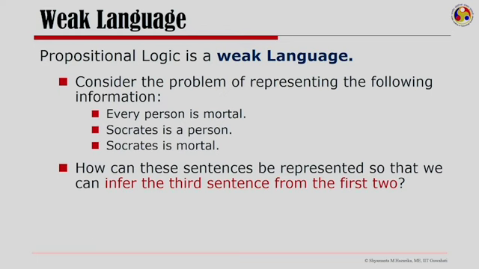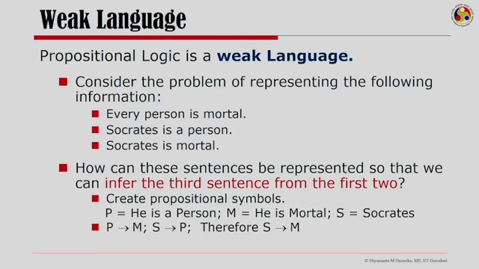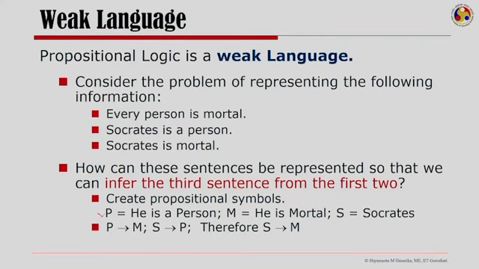first two? In order to do that in propositional logic, I would need to create propositional symbols. So here I have P to mean that he is a person, M, he is mortal, and S to represent Socrates. The first statement, every person is mortal, roughly could translate into if P then M. This is exactly not the statement that every person is mortal.